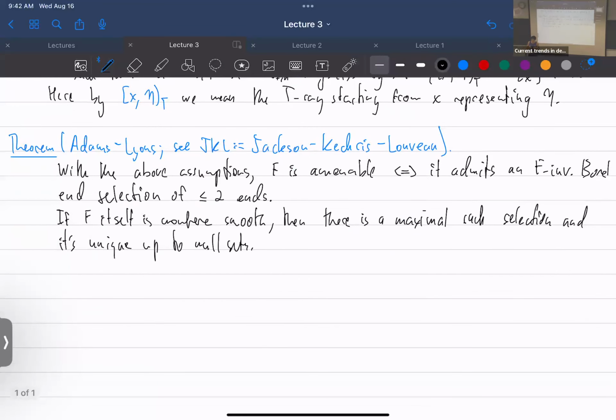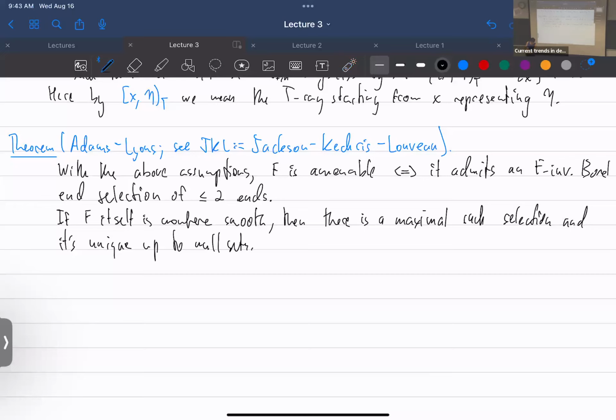When I usually talk about end selection, I only talk about maximal. Basically, if you only selected 1 end, but you could have selected the second end, then I do select the second end. So all possible ends are selected, but it's always either 1 or 2. If F is non-smooth, which we will typically assume, because who cares about smooth? Smooth are trivial, so we don't care about that.